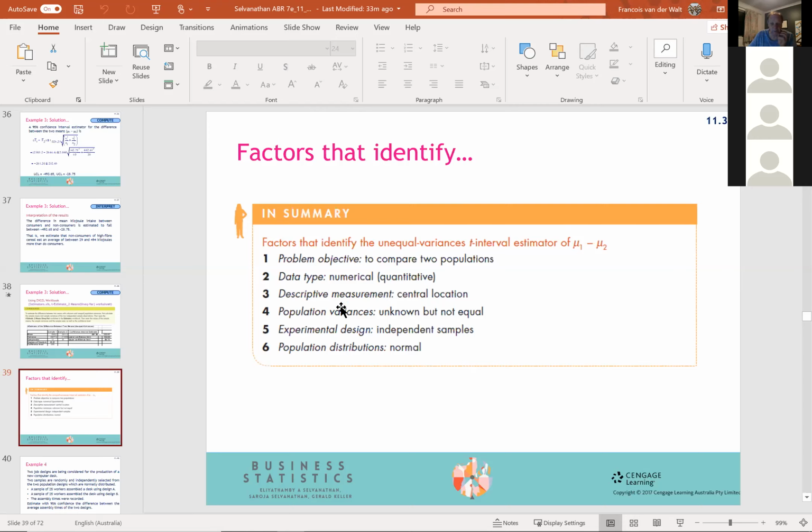The moment I say to you, compare two populations, you know it's the t-test. Data type numerical. We want to measure the central location. The population variance is unknown, and it's independent samples, and the population distributions are more or less normal.